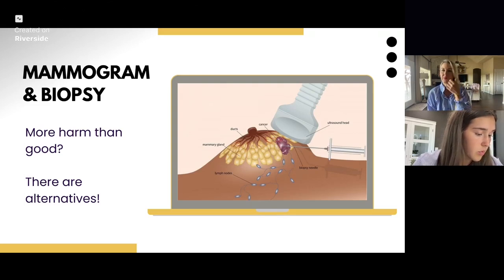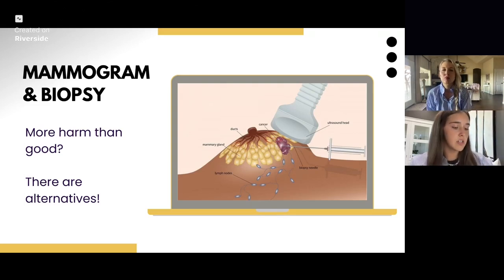It goes into some different alternatives, such as thermography. Is that what it's called? Yes, I can never say that.